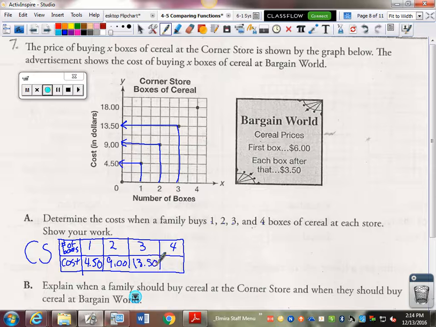Again, super makes sense. And 4 boxes is $18. That's pretty straightforward.